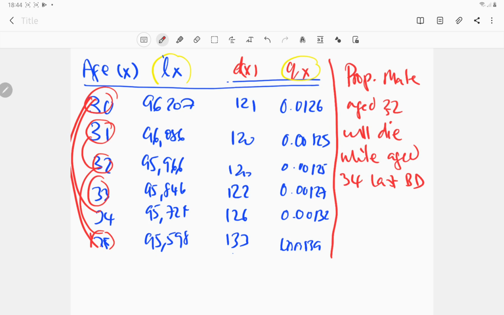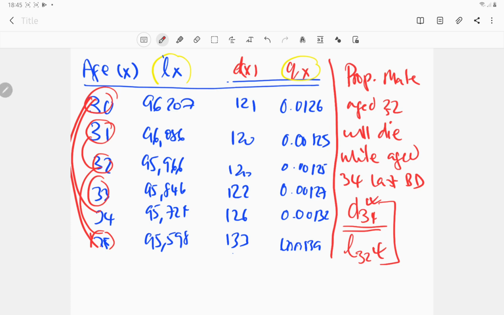The numerator is d34, the people who will die at age 34, and the people aged 32 at that moment is l32. This proportion gives us the males aged 32 who will die while aged 34.